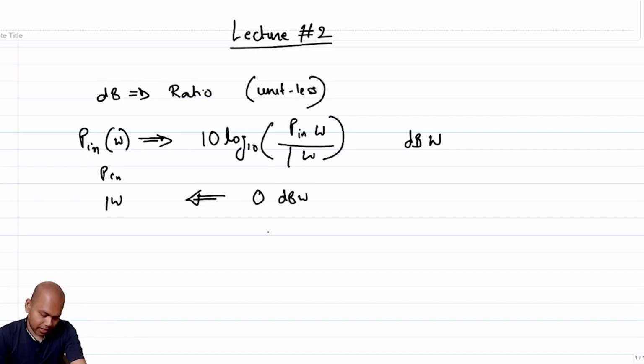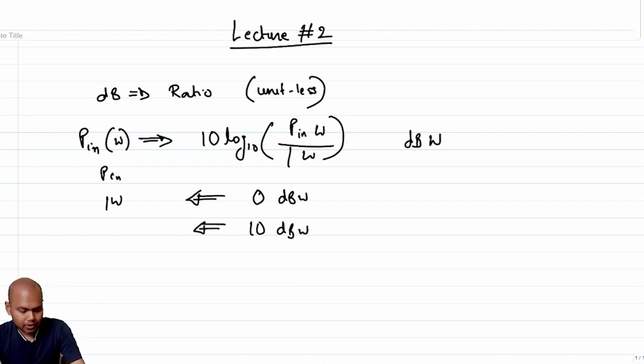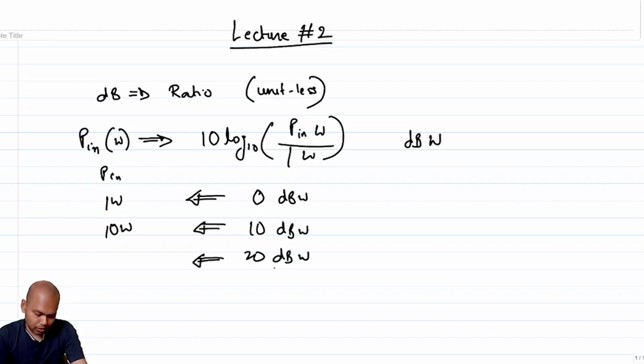If I say that I have 10 dBW, what does P in mean? 10 dBW means P in is equal to 10 watt. Similarly, if I say my unit is 20 dBW, P in is 100 watt, and so on.